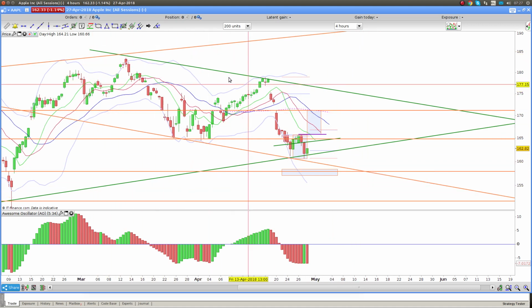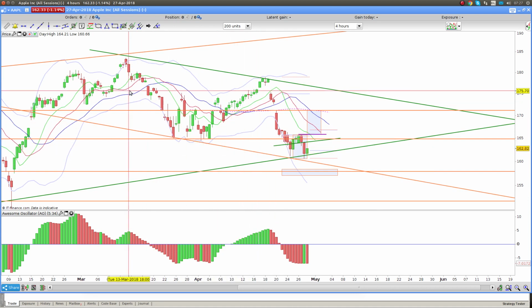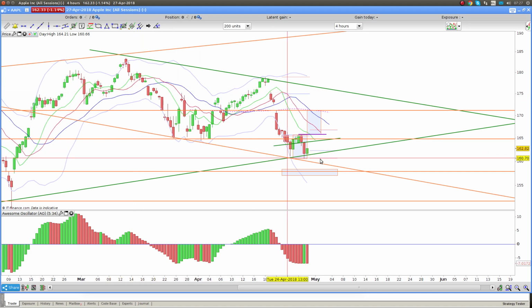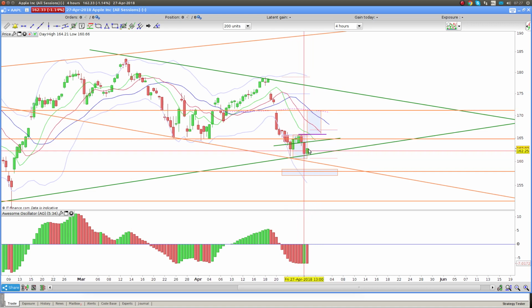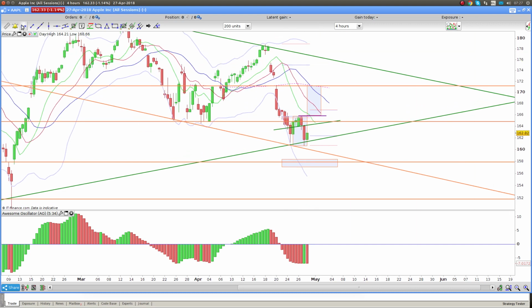Okay, now you can see between this green line and this downward orange line here, we have a channel forming, a downward channel forming. So the big question is, what is going to happen here? So yeah, so I think for me, I'd be quite willing to take a long here. Let's see what happens on Monday, but it's worth a try.